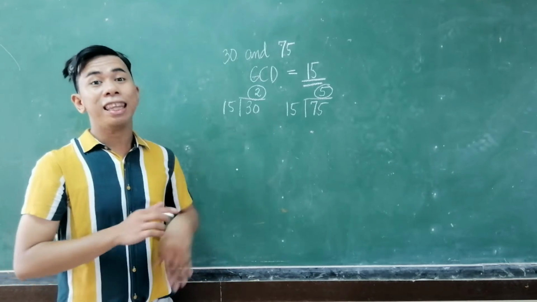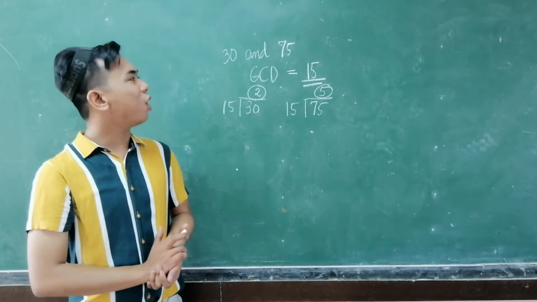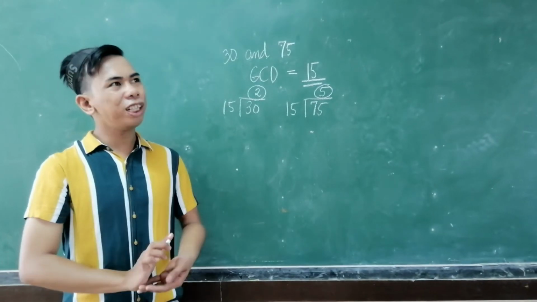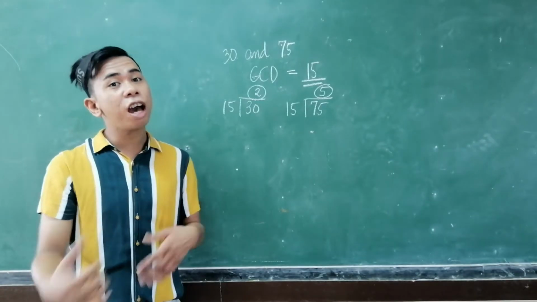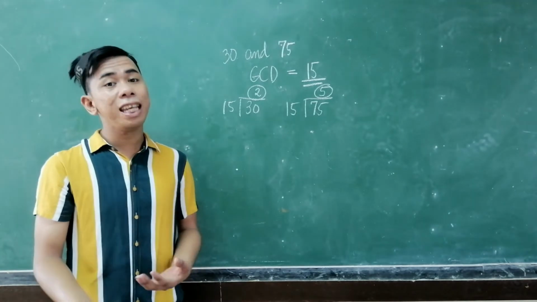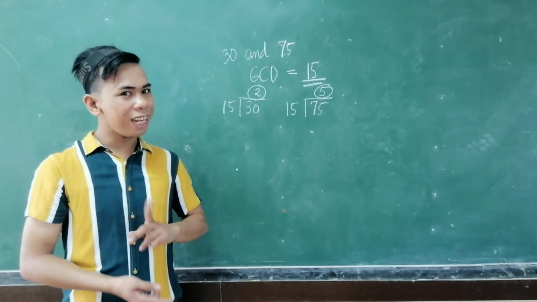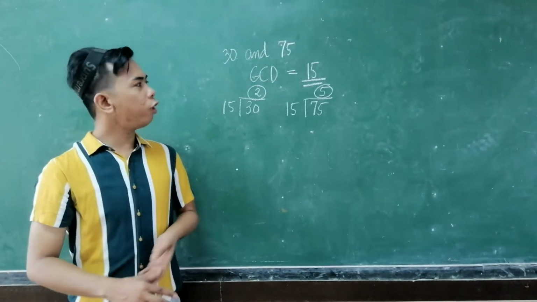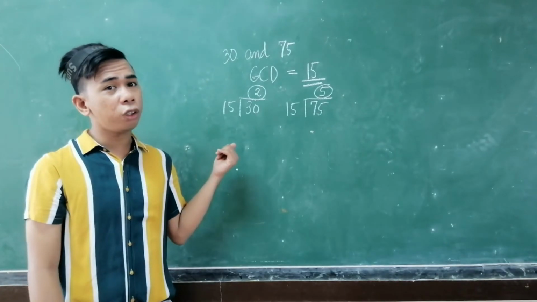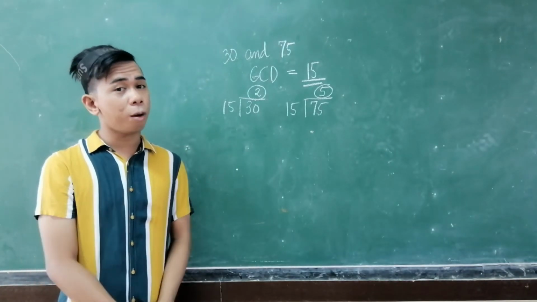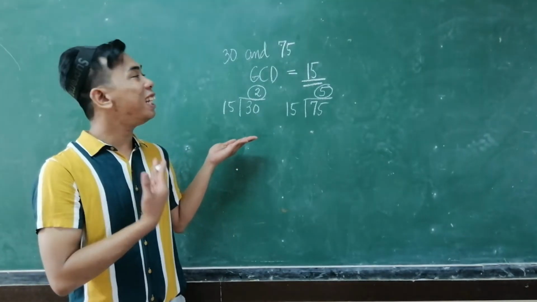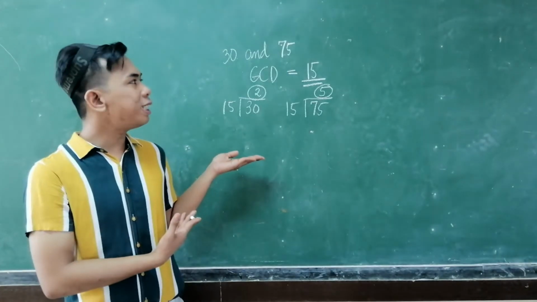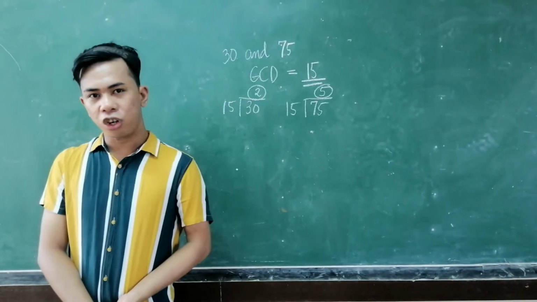If no, that would be the greatest common divisor. Since it's a common divisor and a factor, we of course don't yield a remainder. Remember that. If you have any remainder, then that is not the greatest common divisor anymore. And what we have done here is the listing method using the prime factorization.